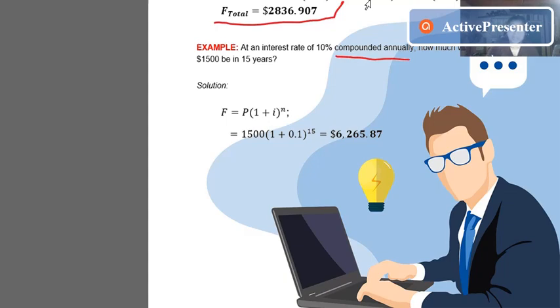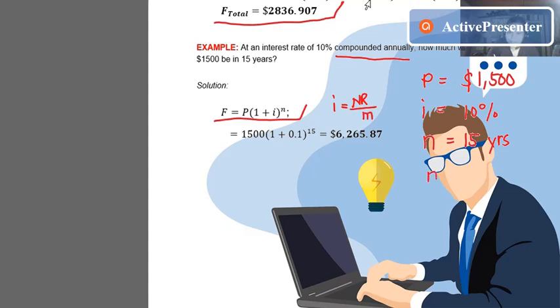So first, we need to write our given. In our principal, we have 1,500, and for our i, we have 10%, and for our number of years, we have 15 years. So for our formula, since NR is 10%, divided by M, which is annually, we have 1.